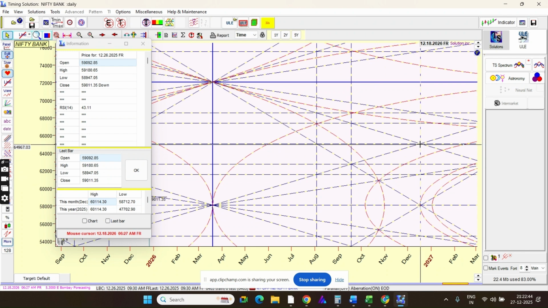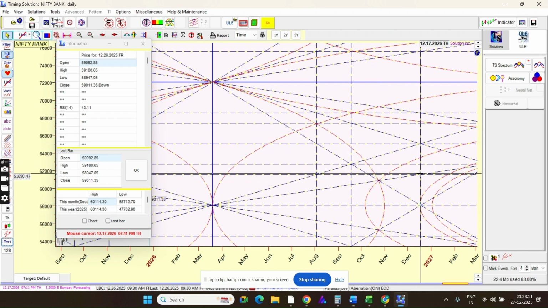18th of December is very, very important, and the major target if we move along the 1 by 1 angle is 65,000 for Bank Nifty. The cluster support at this time period is 60,800, and then this 1 by 2 angle is giving you 61,500.